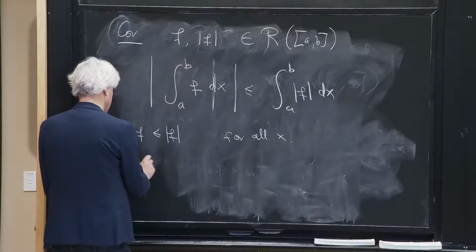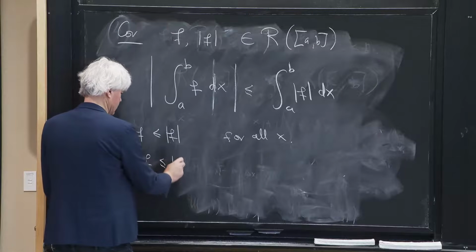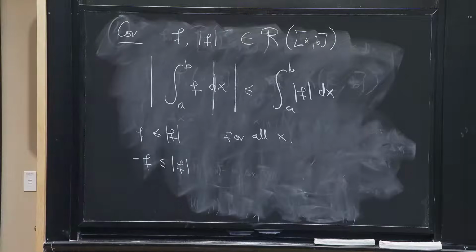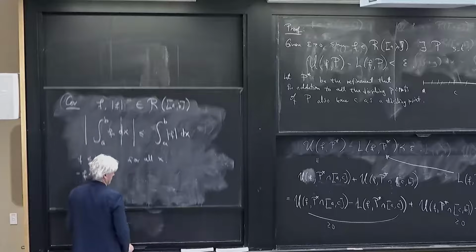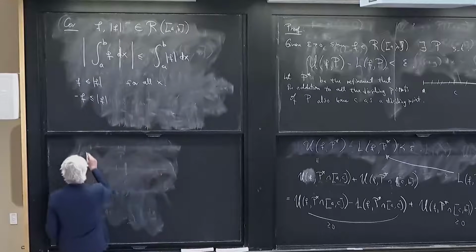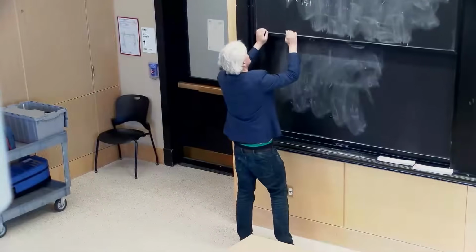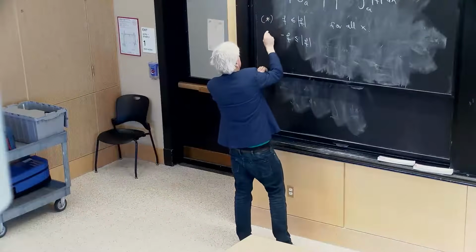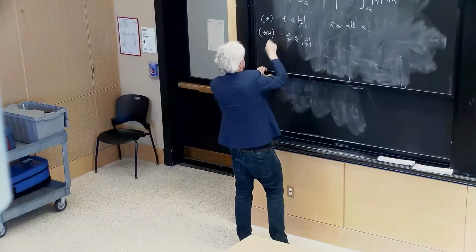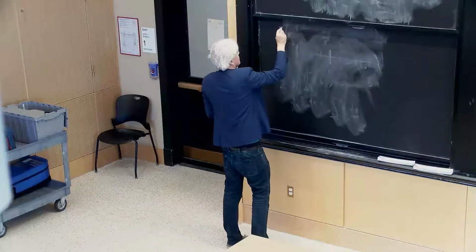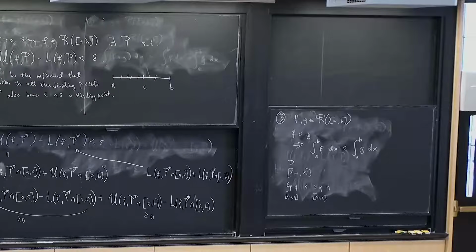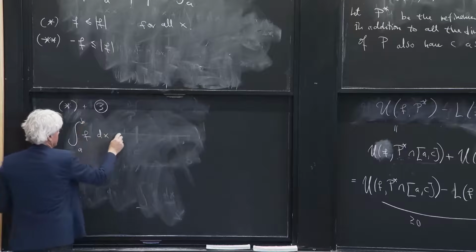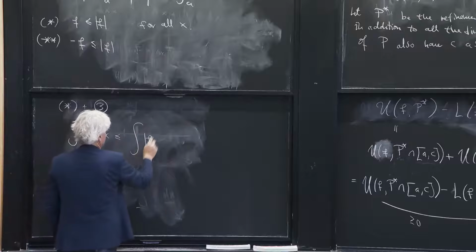But it's also clear that if I take minus f, this is also less than the absolute value, right? But now taken together, those two things, let's say star here and double star here. So star here plus property 3 from over there just gives us that the integral of f from a to b dx is less or equal to the integral of the absolute value.